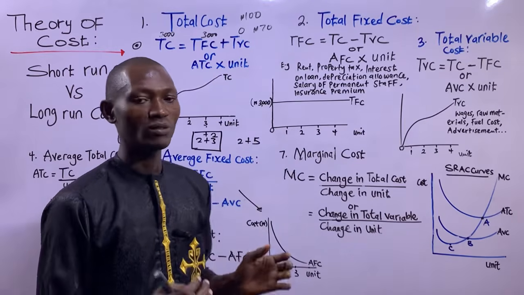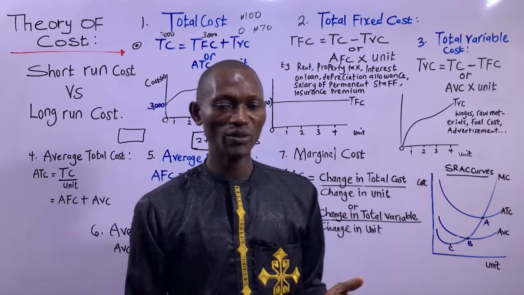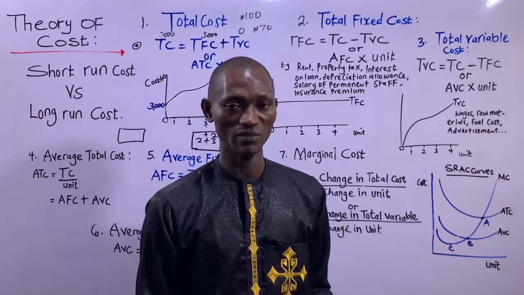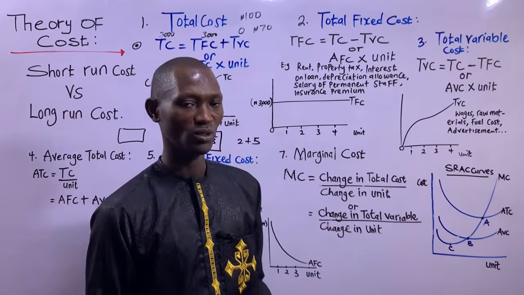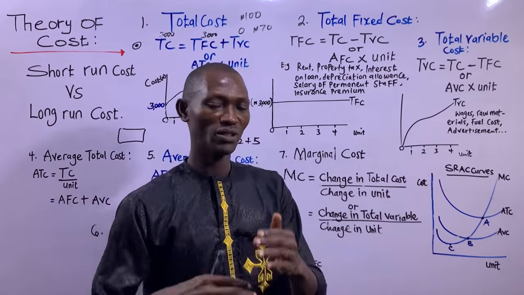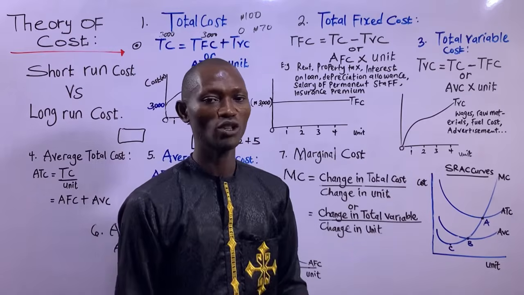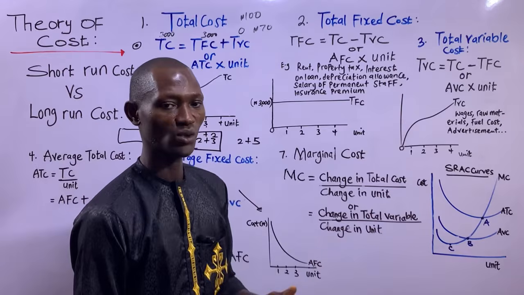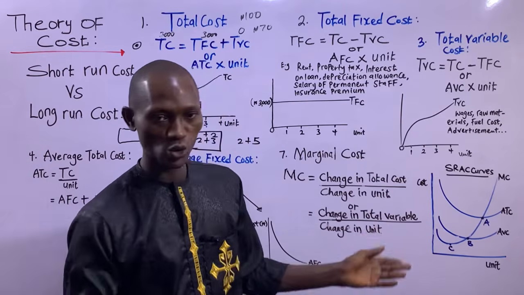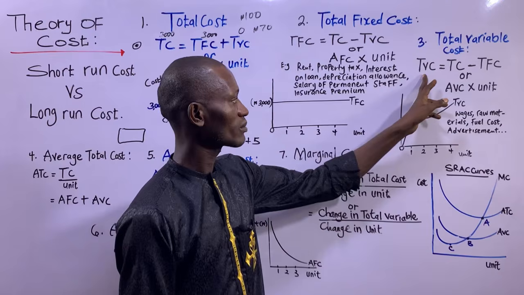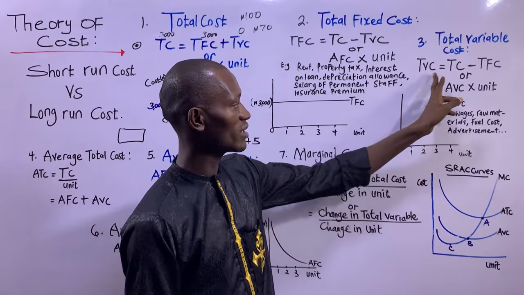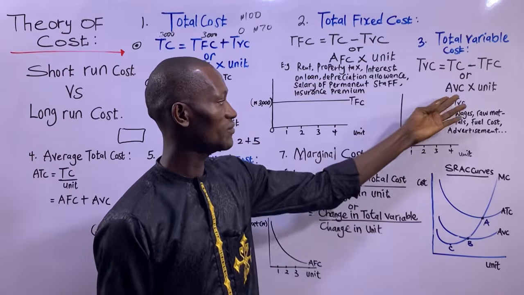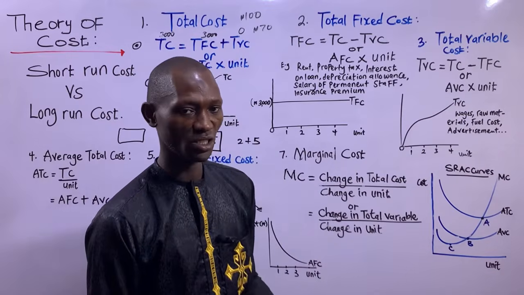So total variable costs have a direct relationship with the activity level or with the level of output. So when activity level is increasing, total variable cost will be increasing. And when activity level is decreasing, total variable cost will be decreasing. So your total variable cost is expressed as total cost minus total fixed cost, or average variable cost times units produced.